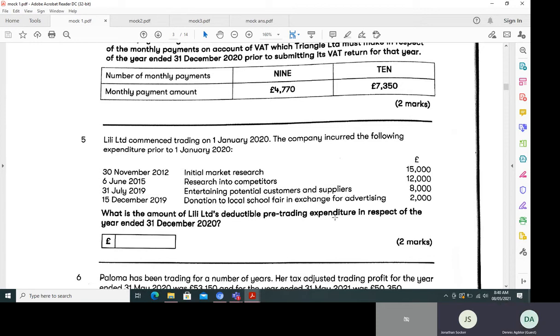Employee entertainment is allowable, but any other form of entertainment is not allowable. That's when it comes to trading issues. Then we have VAT issues.